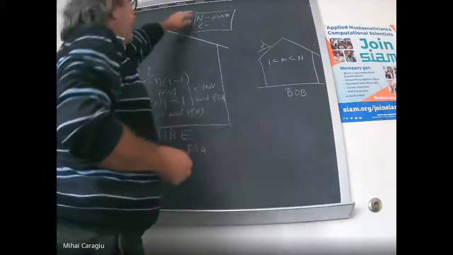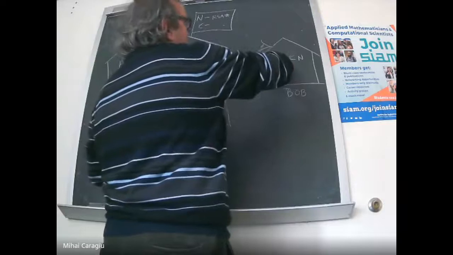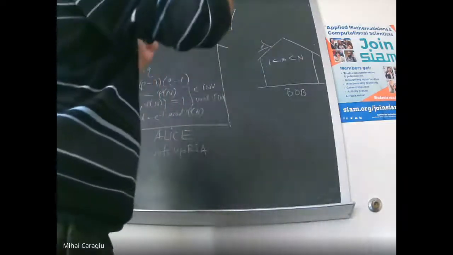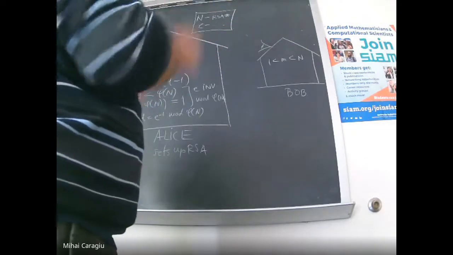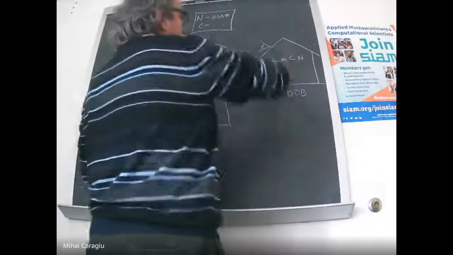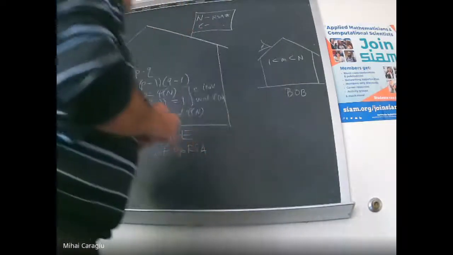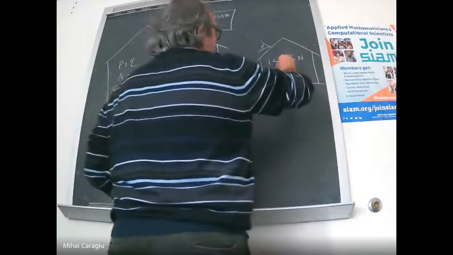Now he looks up the RSA number, and if the message is too large to fit between 1 and n, Bob will split the message into smaller pieces, and each piece will fit between 1 and n. Without loss of generality, we may assume that the plain text m is between 1 and n.